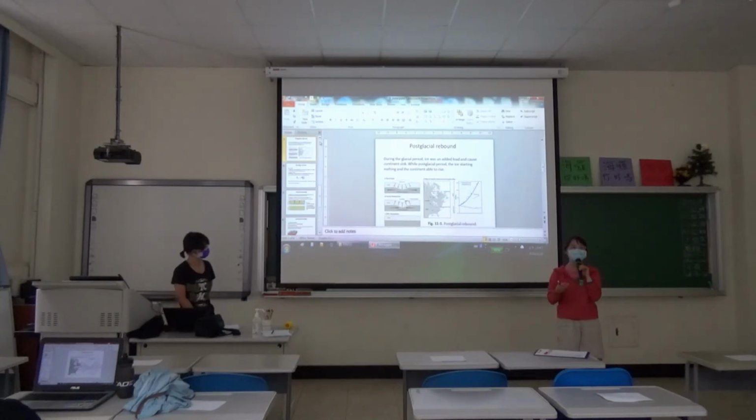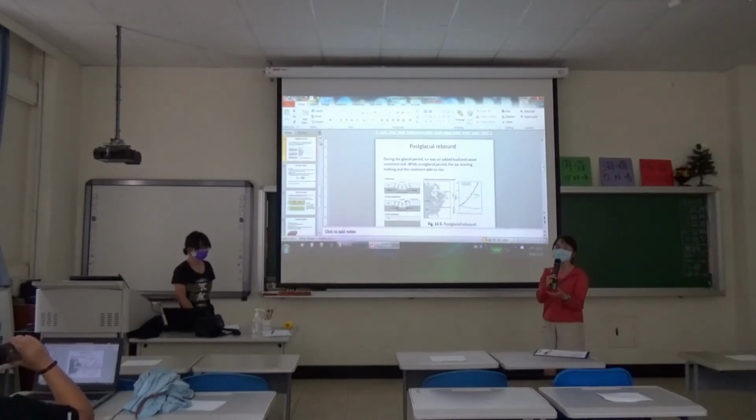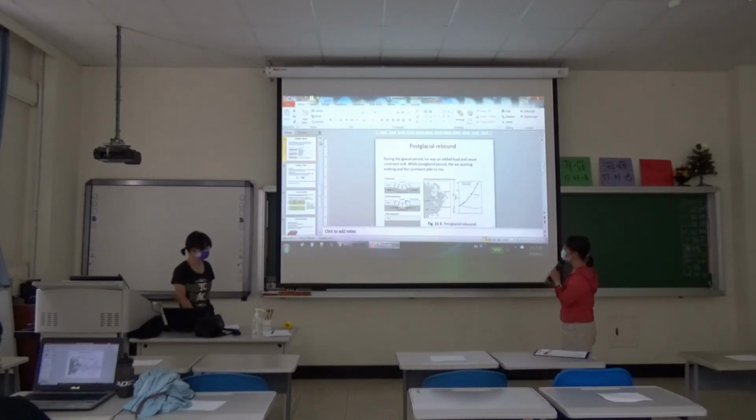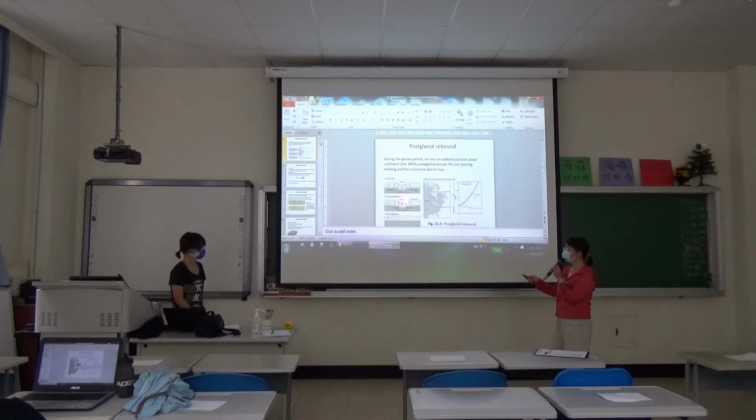But isostasy is a concept for buoyancy study. But we have no way to go to the mantle and see if the material there is really ductile, plastic. And post-glacial rebound is actually direct evidence, because after the removal of ice, you see the crust or the plate bounce back slowly.